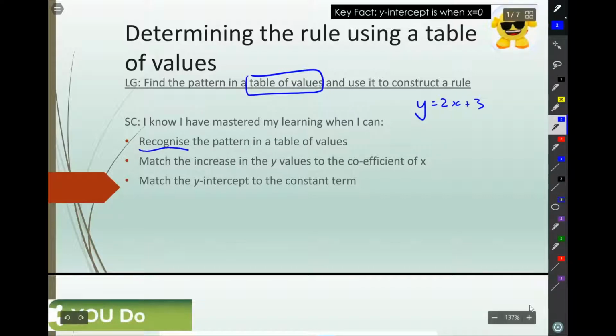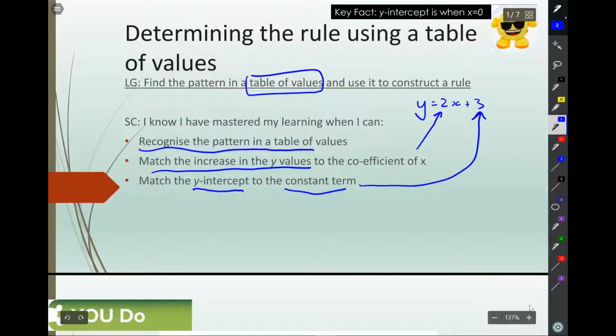So the first thing we're going to focus on is recognizing the patterns that happen in a table of values. And we're going to specifically look for a couple of things. The increase in the y values, and we're going to match that to this number. And we're going to look for something called the y-intercept and match that to the constant term, this number.